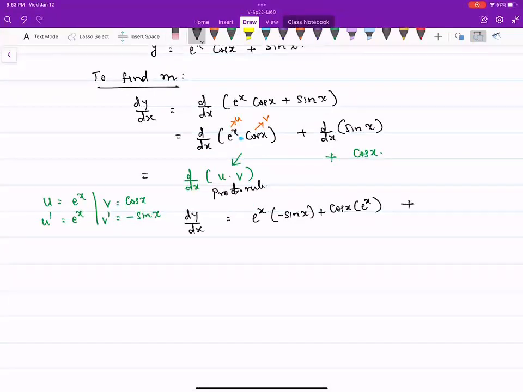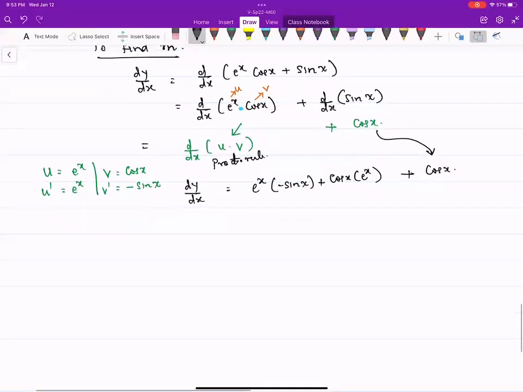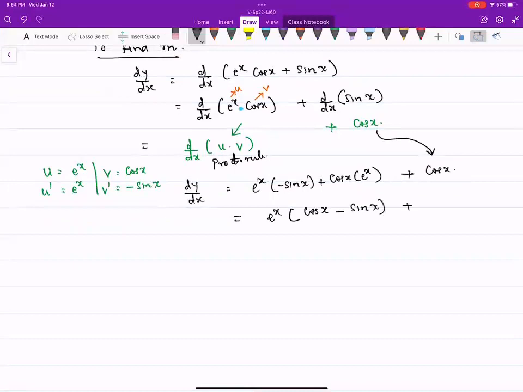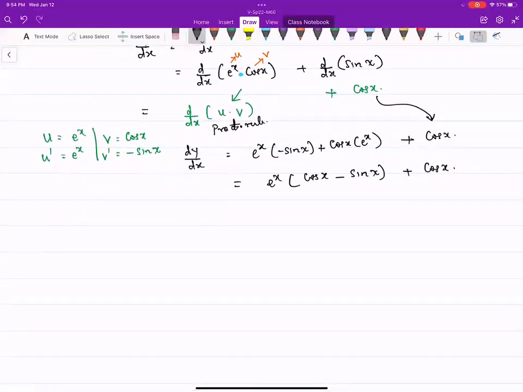And the second term, we'll just keep it the way it is, cosine x. So we get e to the x common in the first two terms. If I write the positive term first, it will be cosine x, the negative term after, minus sine x, plus cosine x. And this is our dy by dx.